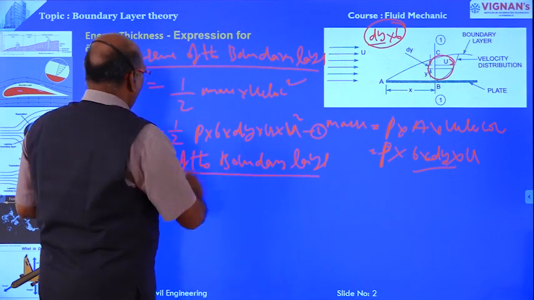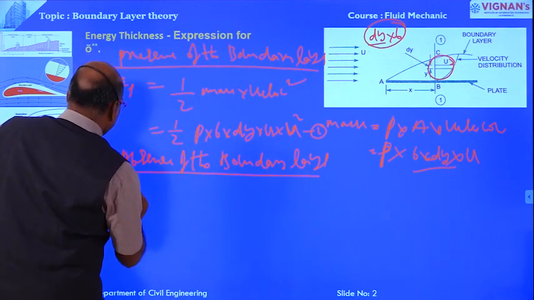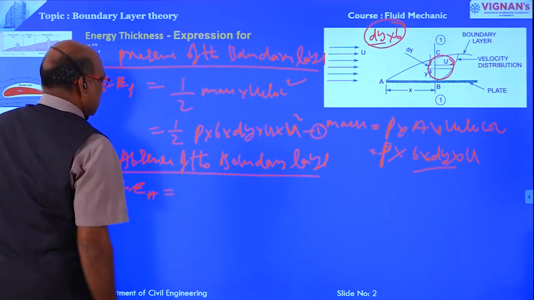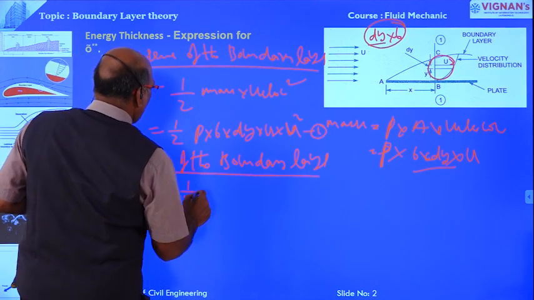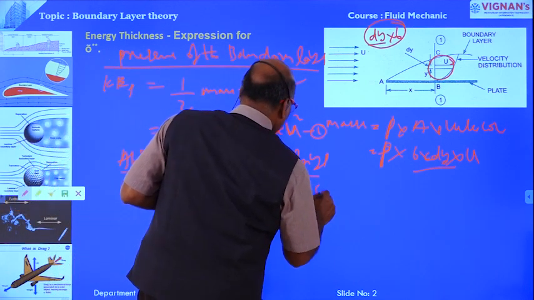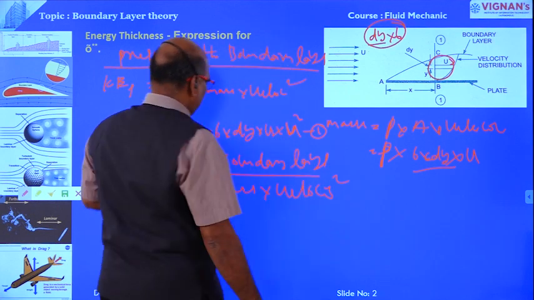So here, in the absence of the boundary layer, kinetic energy, or simply energy, is equal to the same formula, half mass into velocity square.